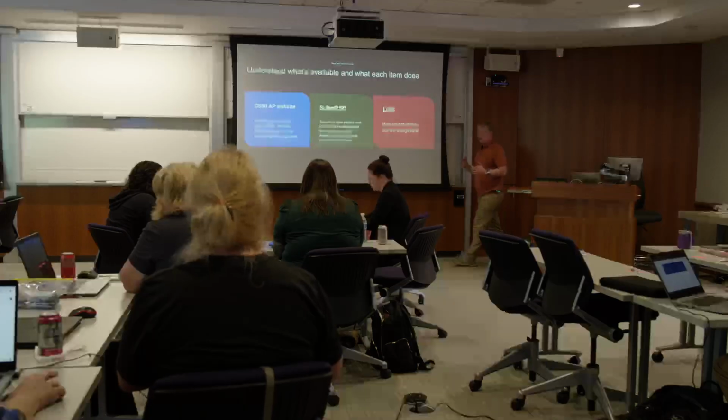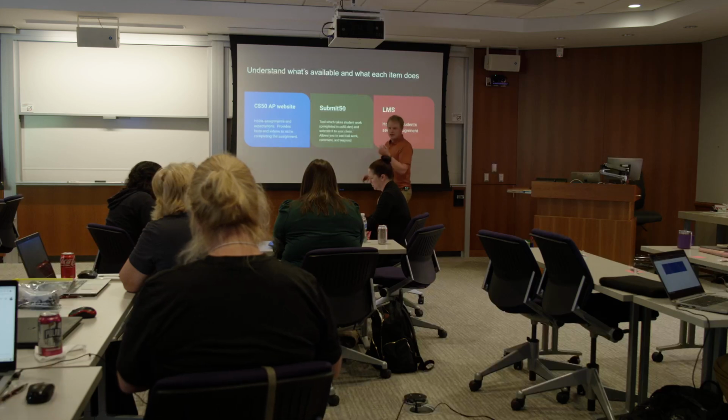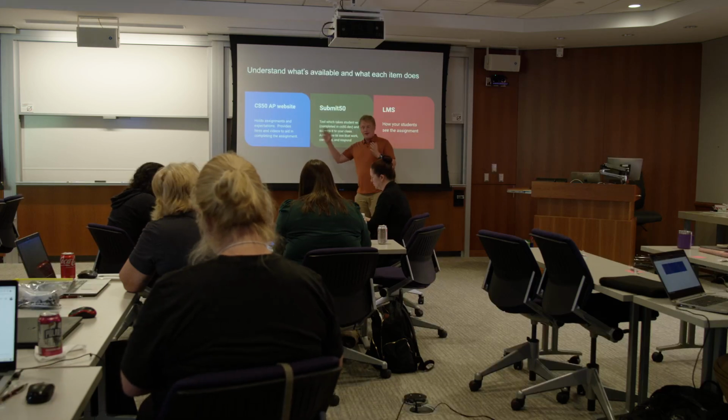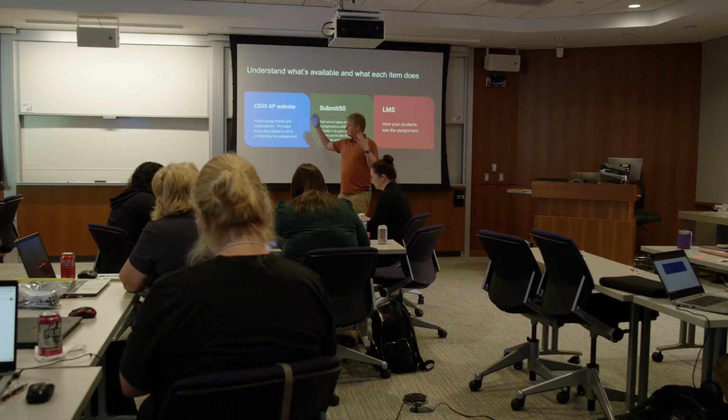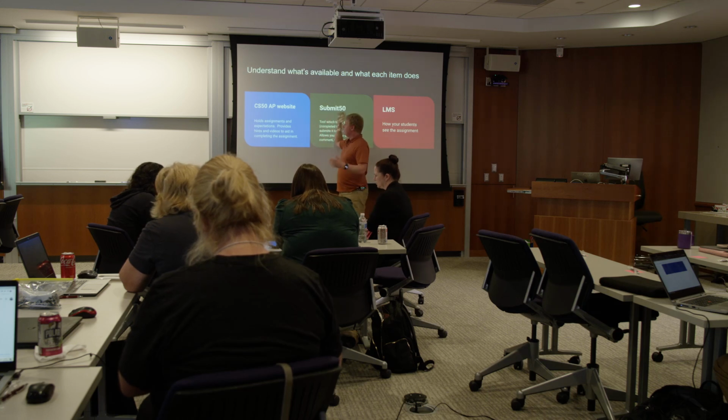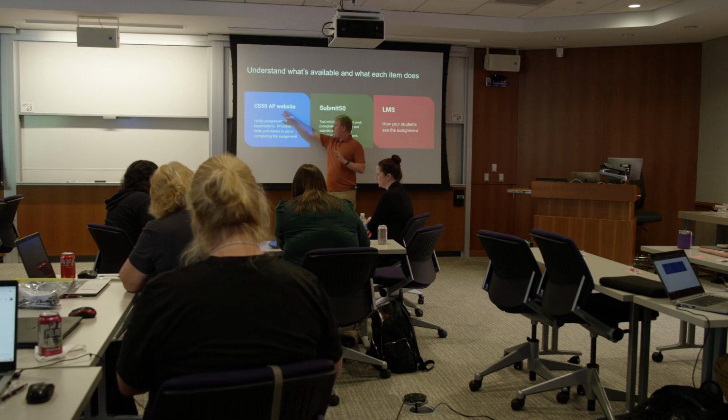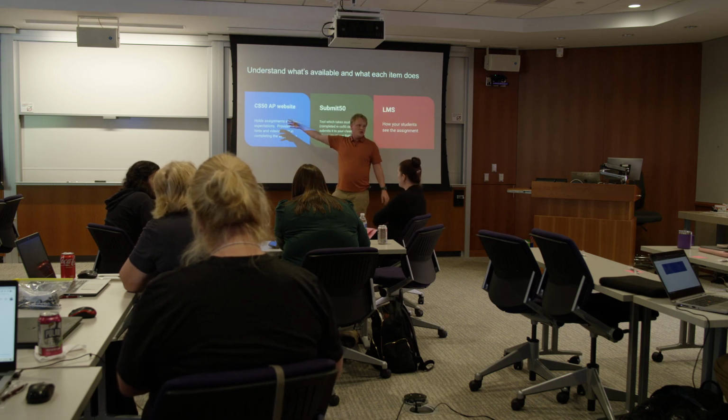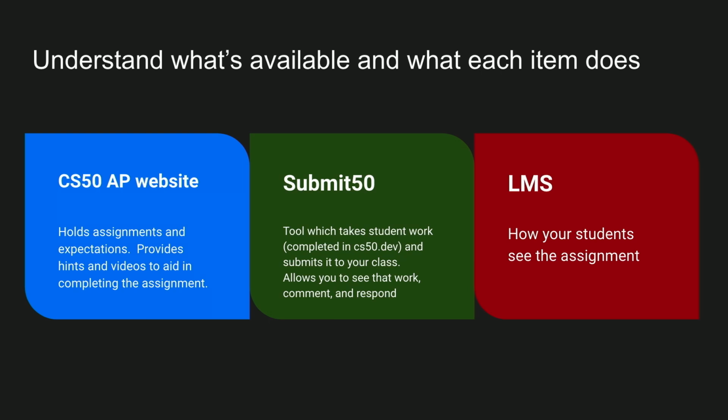I think it's important to understand what each one of these programs is doing, right? So you've got three separate pieces that allow you to have your assignment, give the instructions, submit it, and get it, and then grade it, right? So the CS50 website, which is for Python, whatever CS50 module or expansion pack you're using, starts with the website, which includes all of the instructions, the videos, everything that you might need, right?